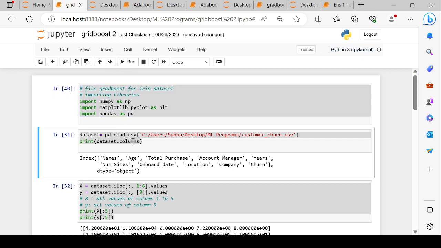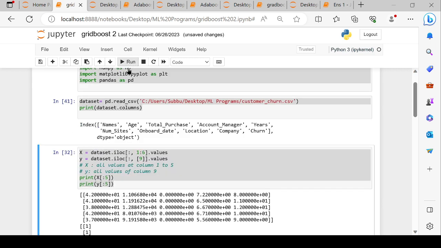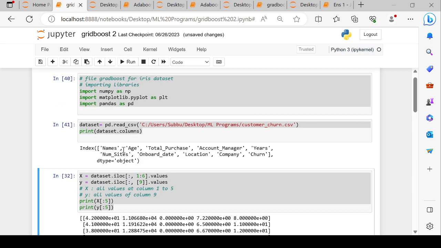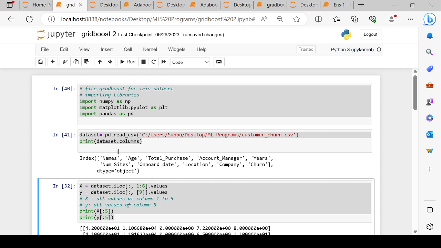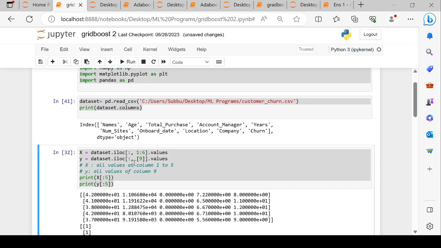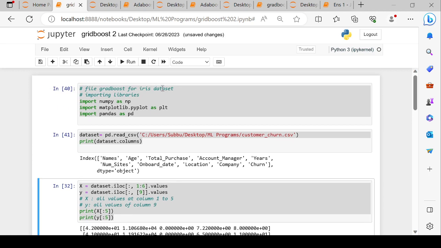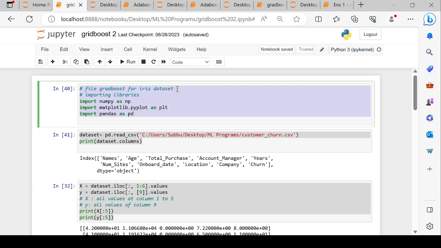Import all libraries, assign the data frame. I'm sorry, I said iris here, but this is a customer churn data set. Gradient boost 2 is customer churn.